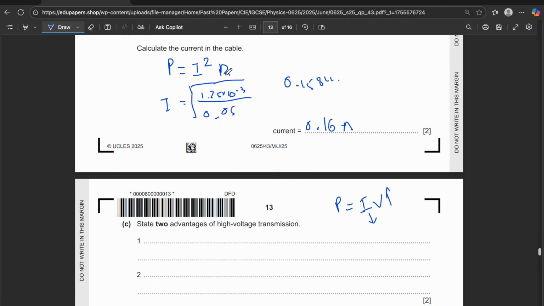Thinner cables usually have a higher resistance, but we don't really need to worry about more power loss anymore because it is already low, right? So firstly we can write there is less power loss. Second, thinner cables can be used.